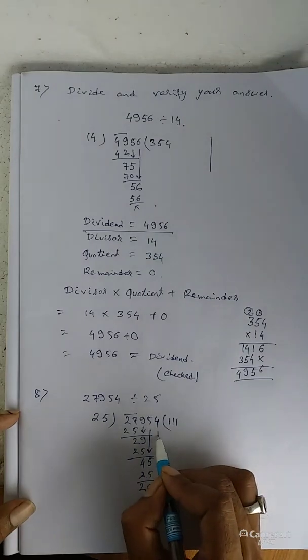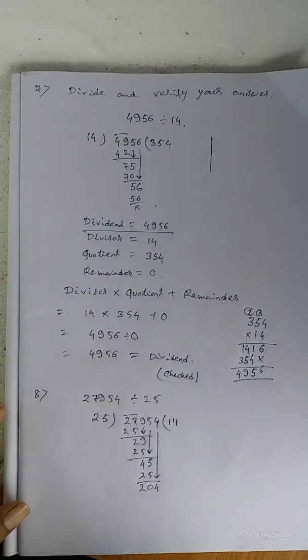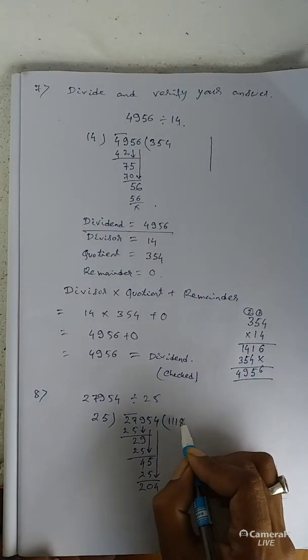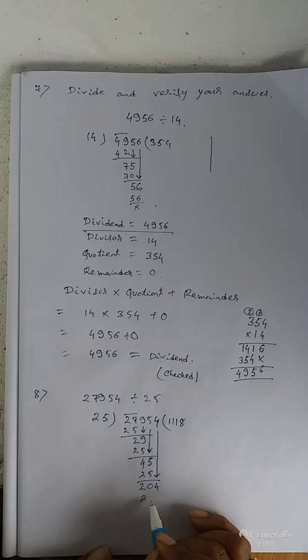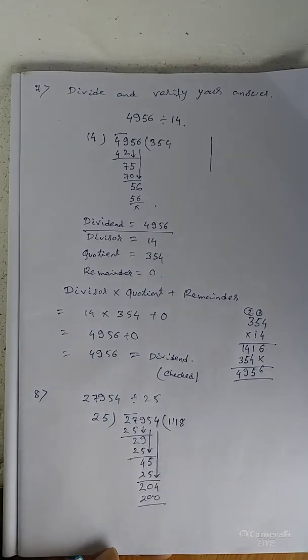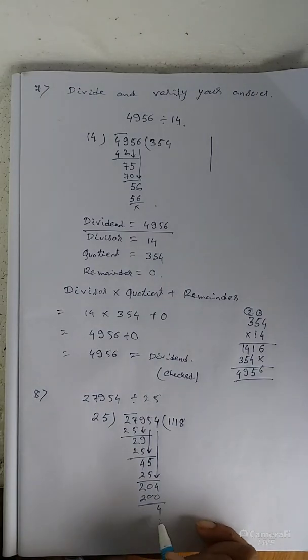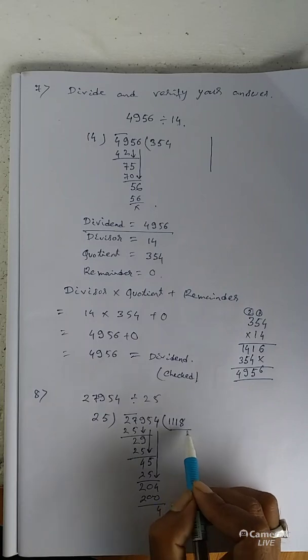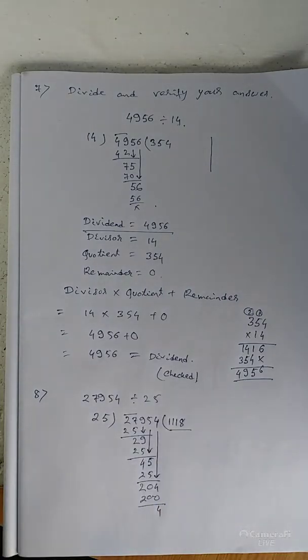Now take the next digit 4, 204, and we know that 25 multiply 8, we get 200. After subtracting we get 4, there is no digit left, so 4 becomes the remainder. Quotient becomes 1118, and remainder is 4.